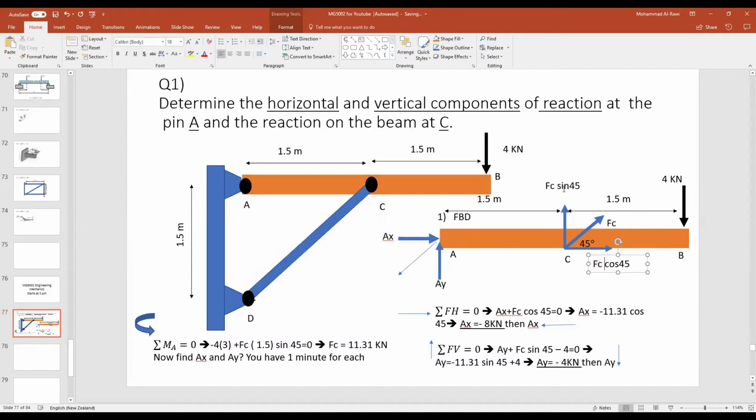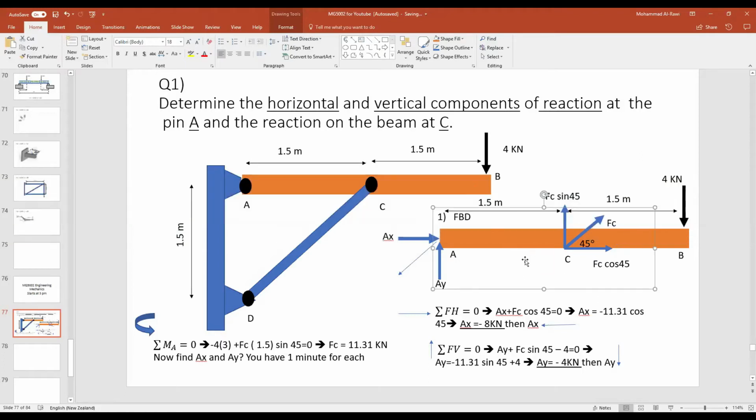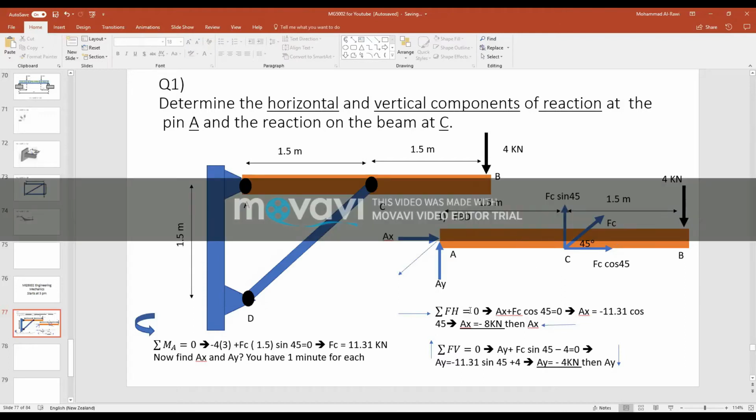Therefore, the only force taken into account is FC sine 45 times the distance 1.5 meters, and also the 4 kilonewtons times 3 meters, which is the total length of the beam from one end to the other. That's the equation we start with. It's the helpful equation to find the value of FC. As soon as you find FC, you can use the algebraic summation of forces horizontal and vertical, rearranging.